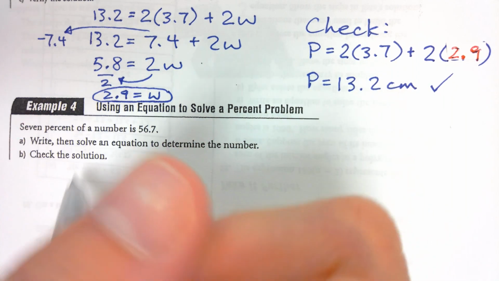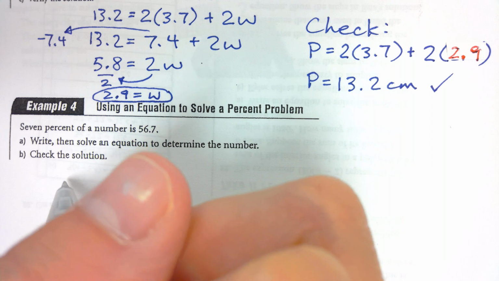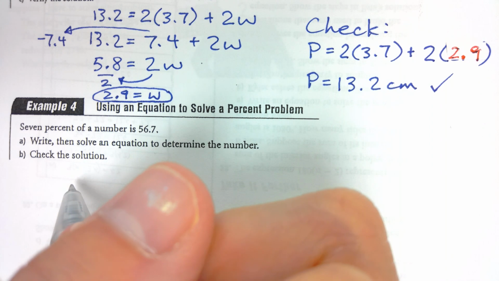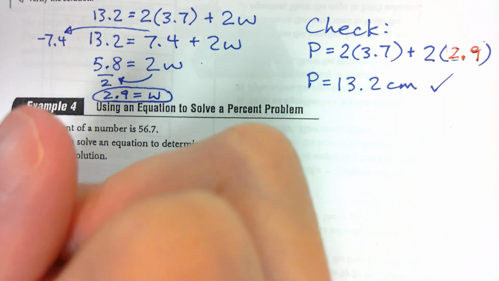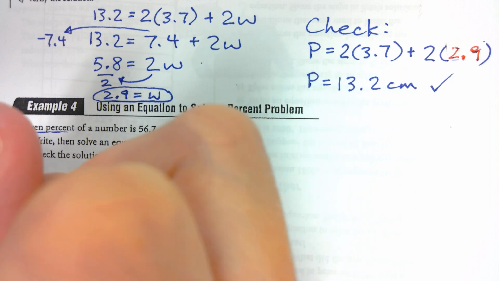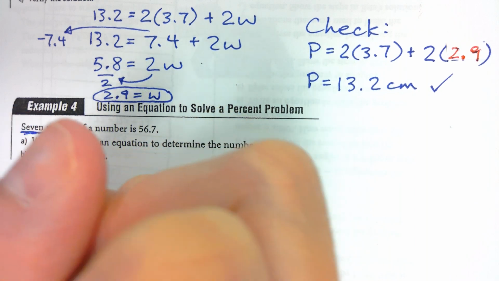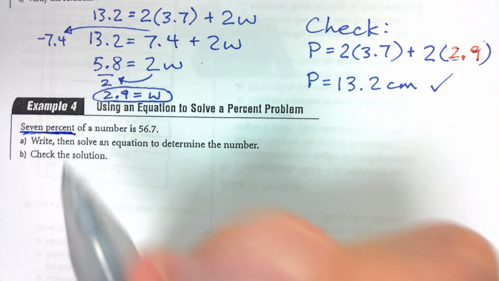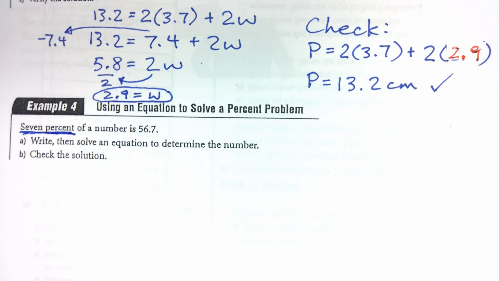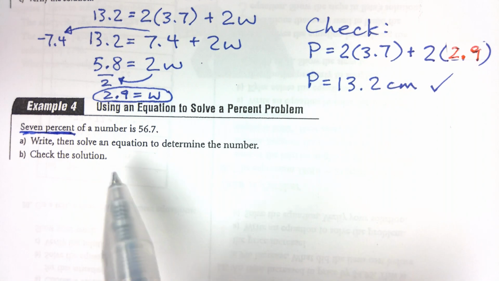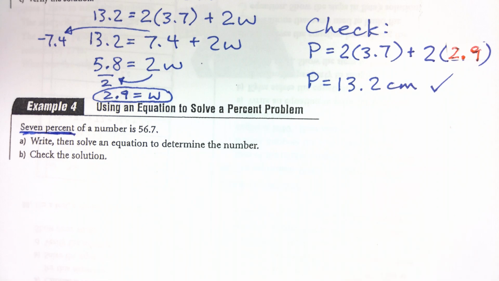So 7n over 100 equals 56.7. Okay, sure. Or 7%, what is that? Remember in the very first chapter, I said whenever we do the math, we never write percent as part of our equation.